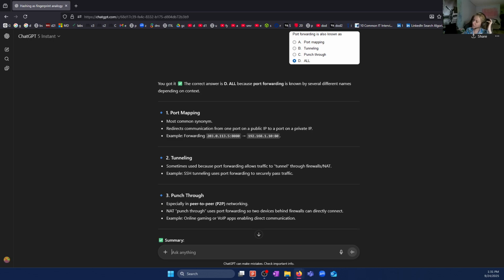Tunneling is sometimes used because port forwarding allows traffic to tunnel through firewalls and network address translation. Example, SSH tunneling uses port forwarding. Punch through, peer-to-peer. I have never heard this term. Punch through uses port forwarding, so two devices behind firewalls can directly connect.